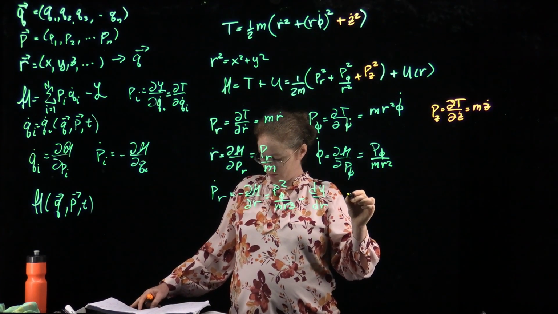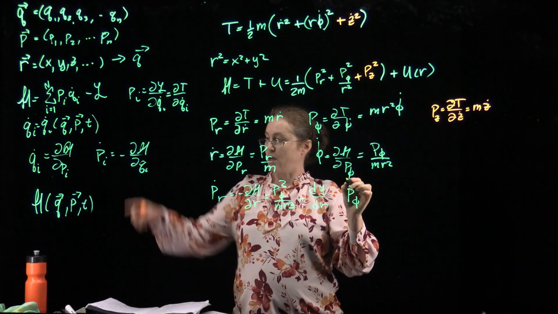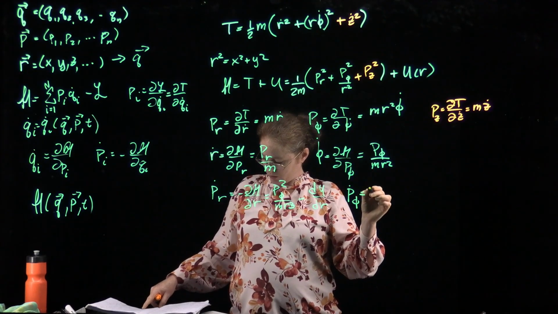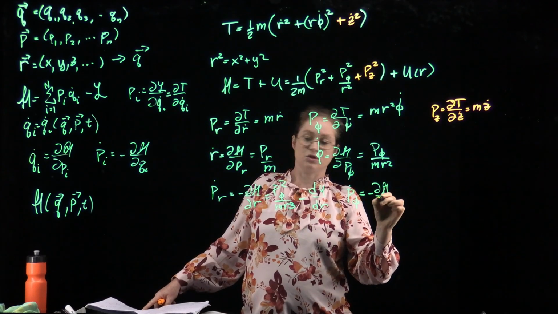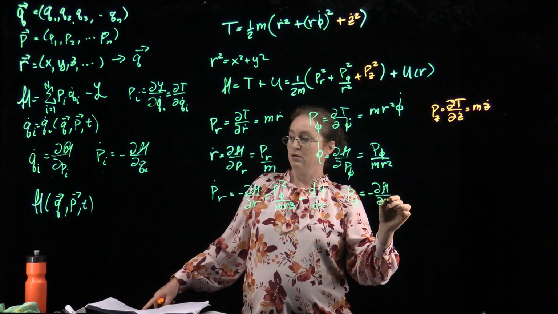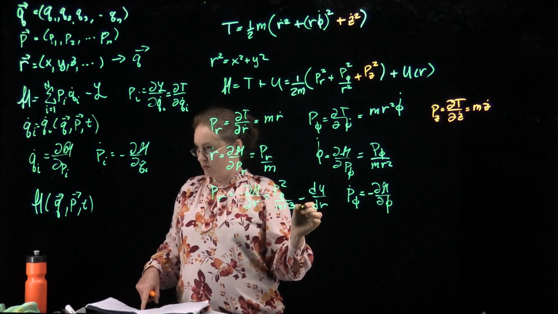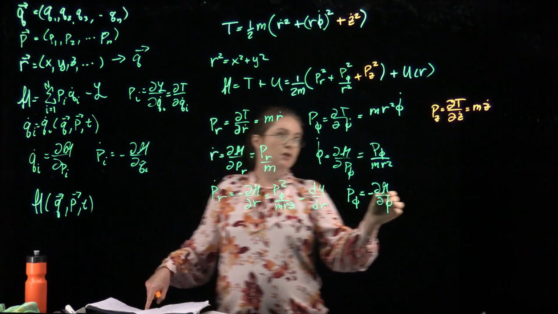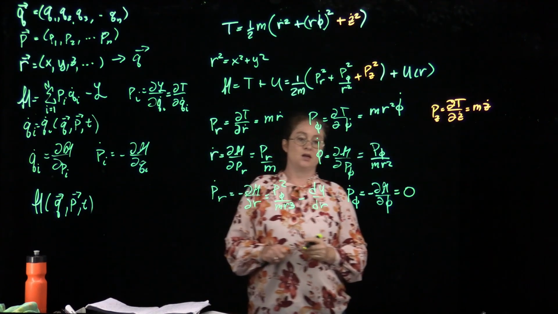And p phi dot is equal to negative partial h partial phi, and there's no explicit phi dependence, so this is a constant.